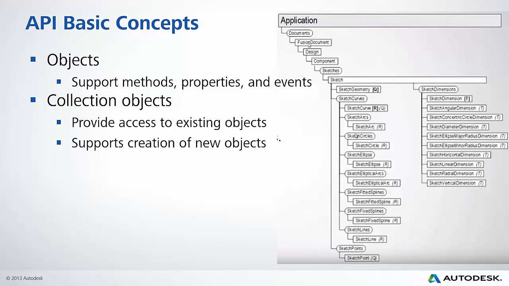And then collection objects, which are the rounded nodes, provide access to existing objects and can support creation of new objects. But typically with collection objects, what you're going to do is you can count items, and then you can gain access to certain items inside of your design. So those are basically what we're going to be working with whenever we're in the API structure.